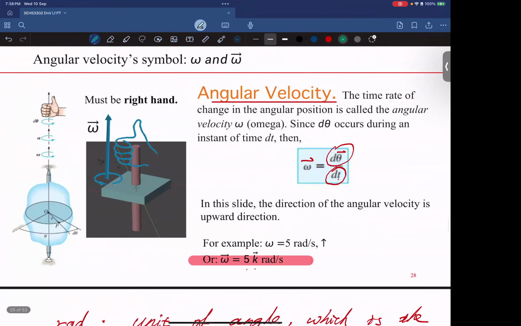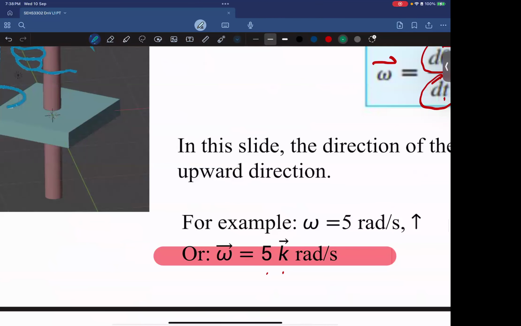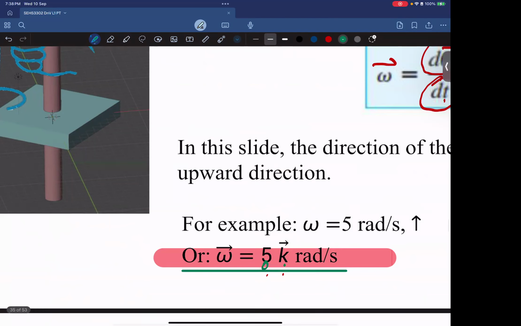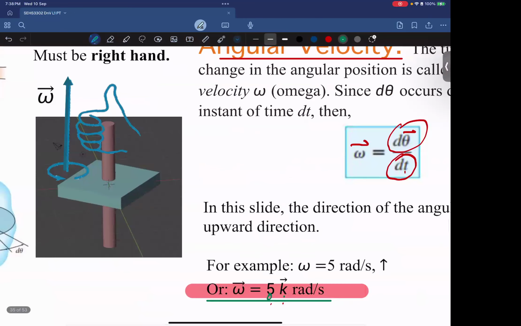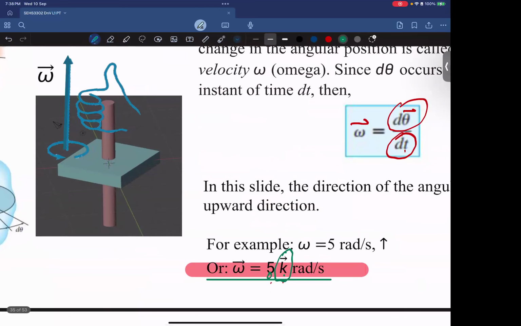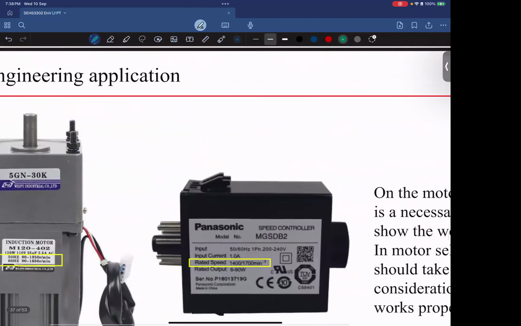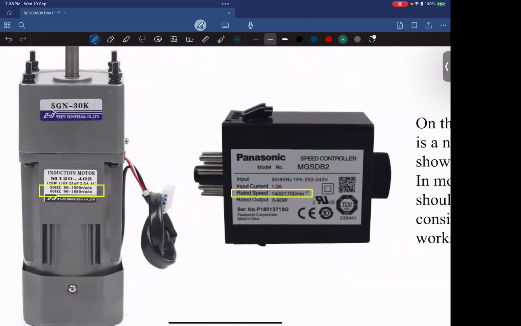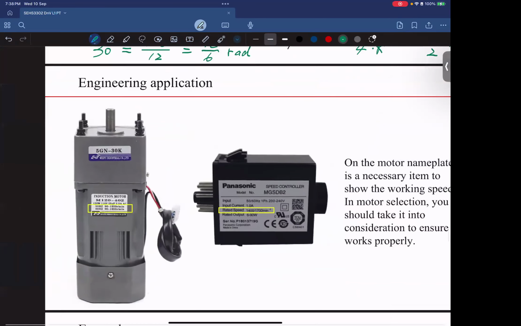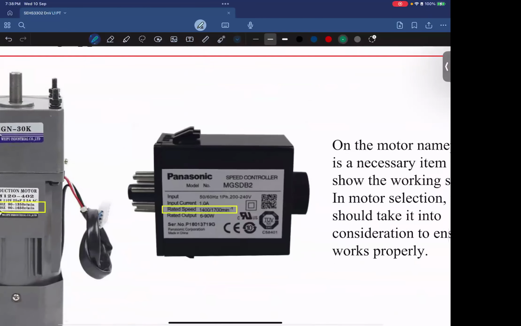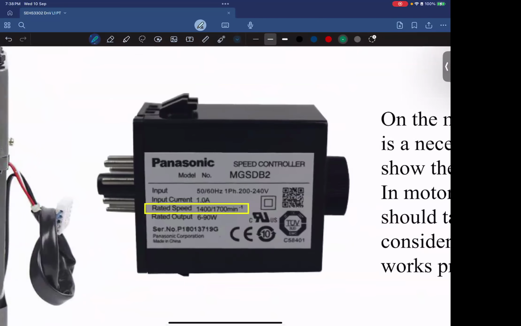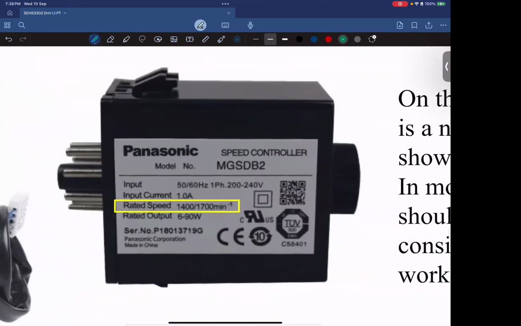Now, when we come back, you see, when we denote omega like this, it means 5, and k means, when we have a coordinate system, we will know whether it rotates clockwise or counterclockwise. It's a direction indicator, and radian per second is the unit. For example, in some motor, we can see the specifications of this motor is the rotation speed.